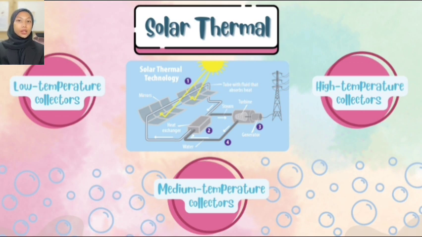Next, medium temperature collectors are also usually flat plates, but are used for heating water for residential and commercial use. Lastly, high temperature collectors concentrate sunlight using mirrors or lenses and are generally used for fulfilling heat requirements in industries and for electrical power production.